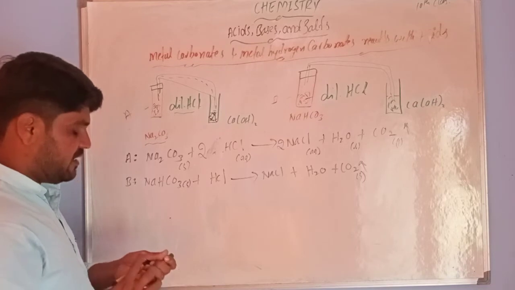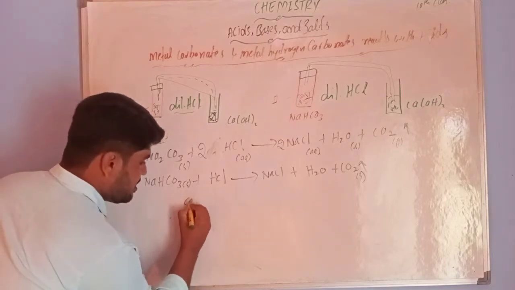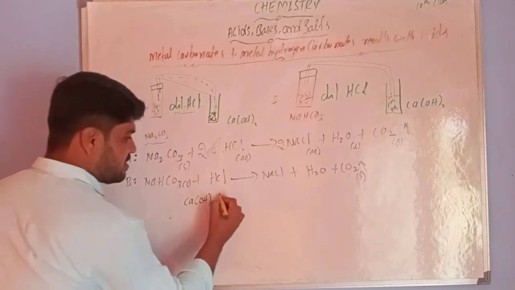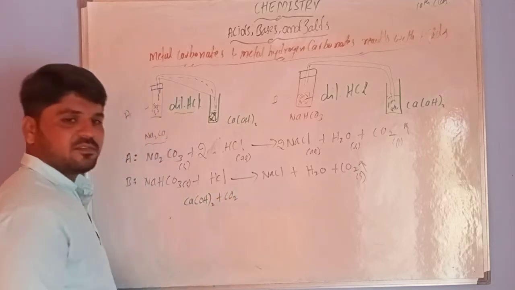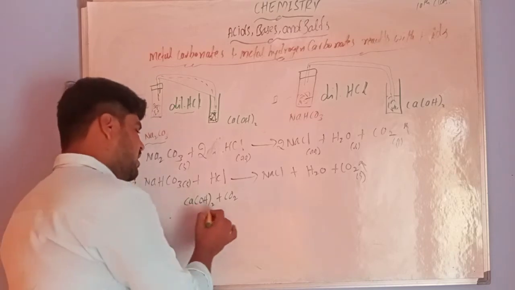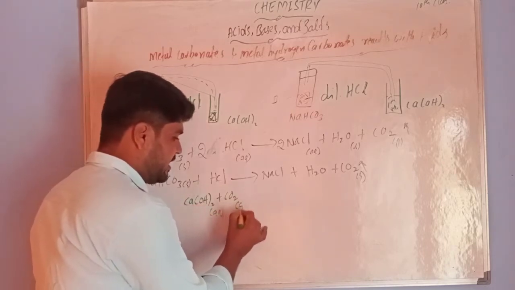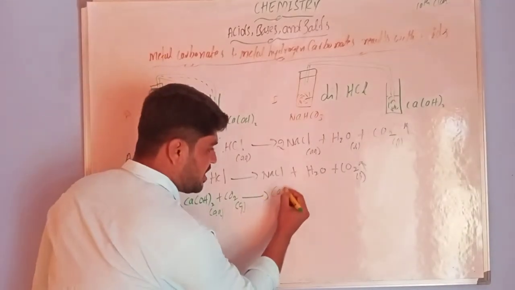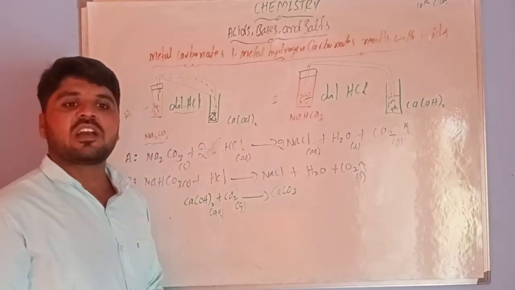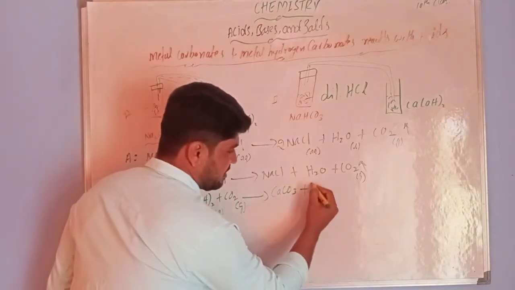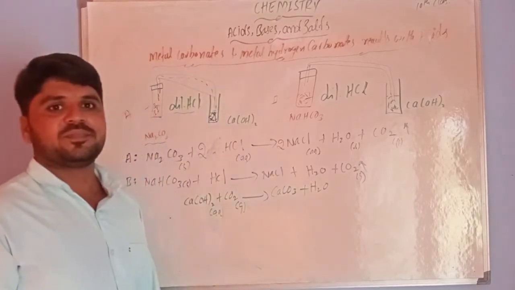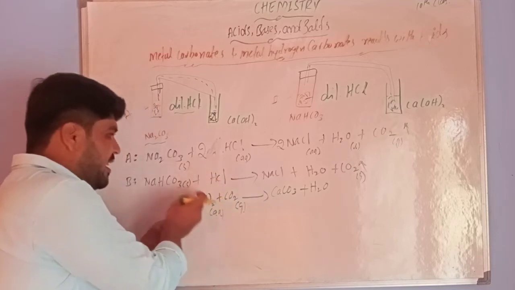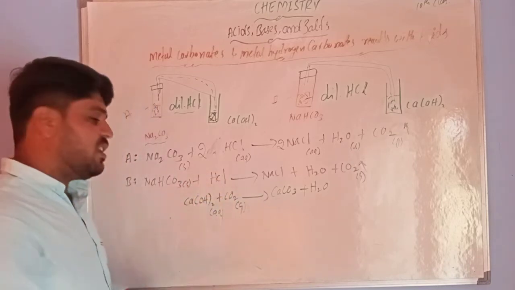Calcium hydroxide, Ca(OH)2, in aqueous state, reacts with carbon dioxide gas. It produces calcium carbonate and water. If you pass more carbon dioxide through this, let's see what happens.